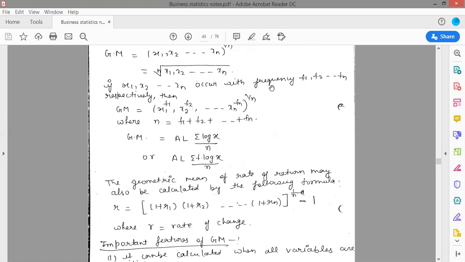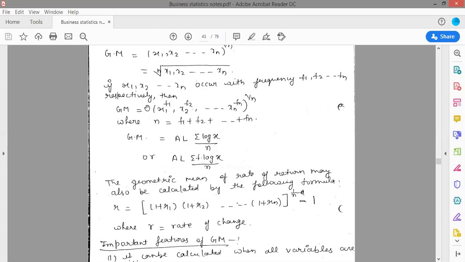Because x1's frequency is given f1, x2's frequency is given f2, xn's frequency is given fn times. Suppose 2 to the power 2 is given, then we can say 2 is given 2 times. 3 to the power 4 means 3 is given 4 times. So here we are saying that x1 is given f1 times.